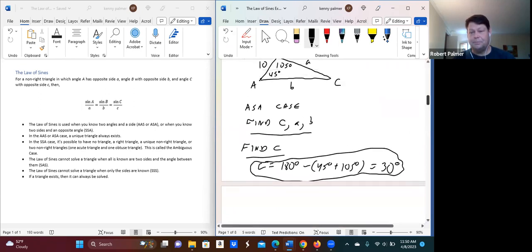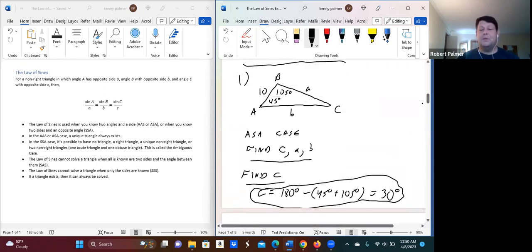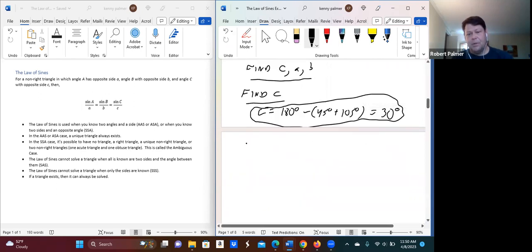Now let's find either side. Now we know all the angles, so it doesn't matter which side we use. Let's find side A first.